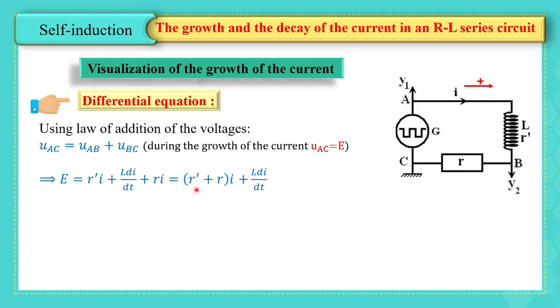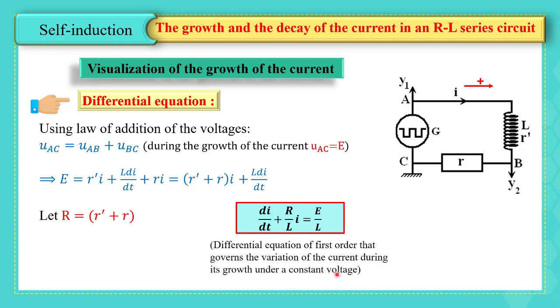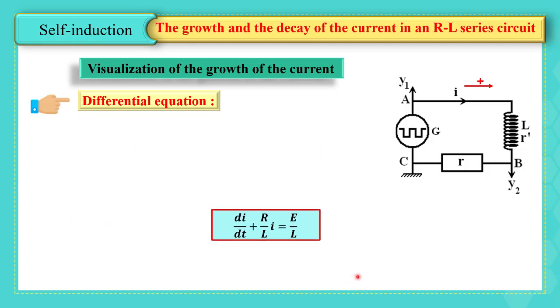So E equals (r plus R) times i plus L di over dt. Now let R total be equal to r plus R, so we obtain di over dt plus R total over L times i equals E over L, of course after we divide by L. This is the differential equation of the first order that governs the variation of the current i during its growth under a constant voltage.